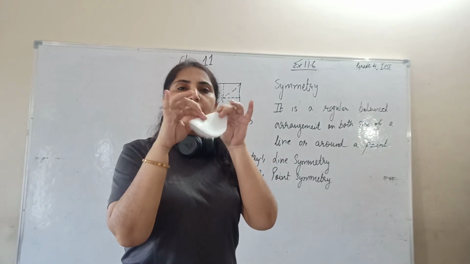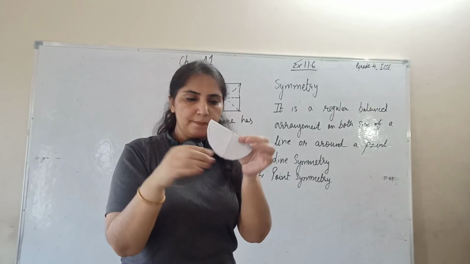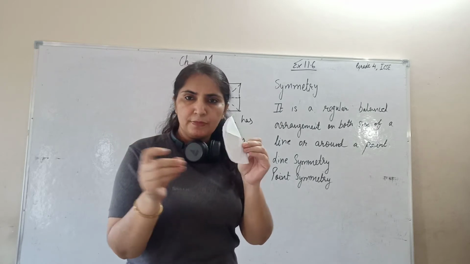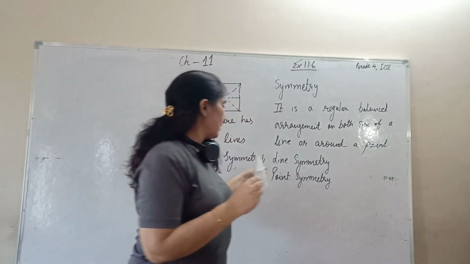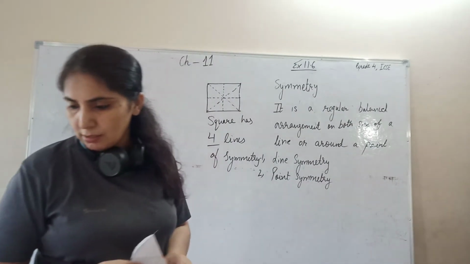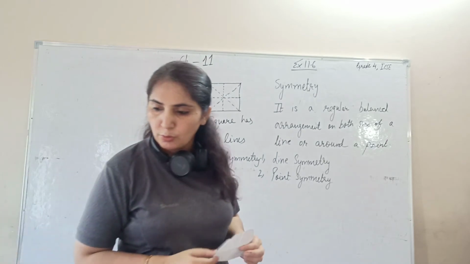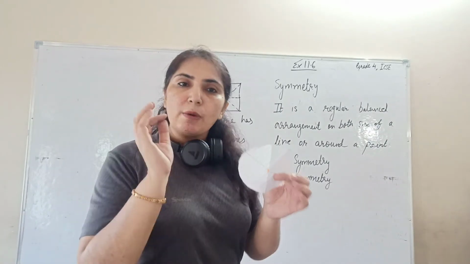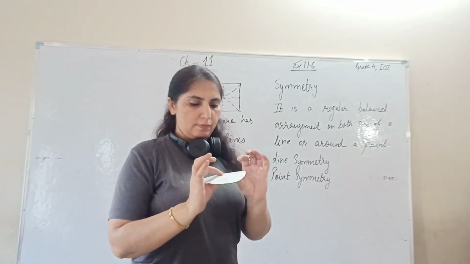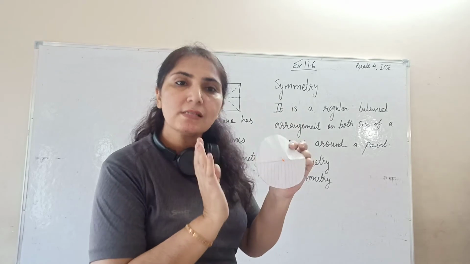I can fold it in this way, in this way, in this way. We can say that point symmetry in a circle with center O. The circle with center O is everywhere alike around the point O, because all the radius shown in this will be same.